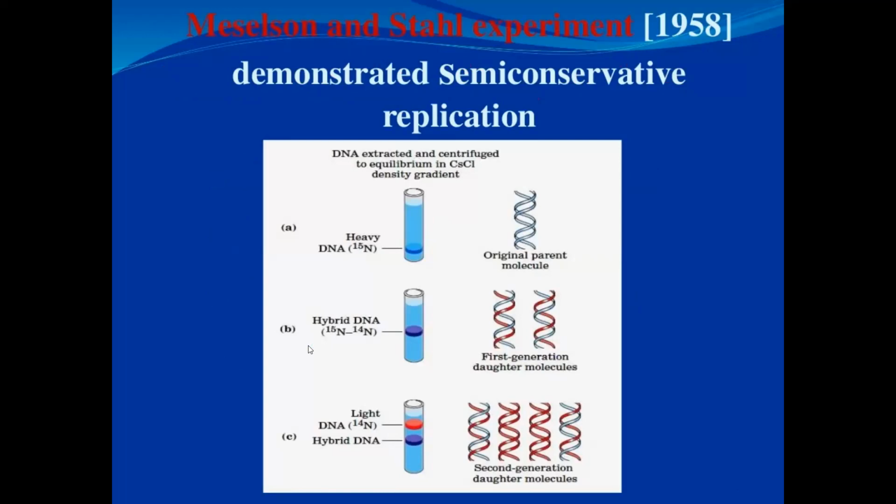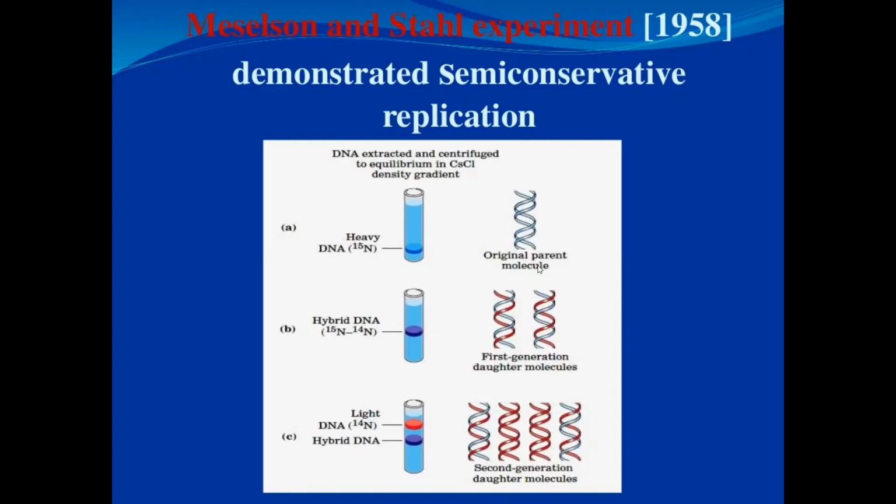They extracted the DNA and centrifuged it to equilibrium in cesium chloride density gradients. In simple terms, they used a heavy isotope of nitrogen, that is N15.